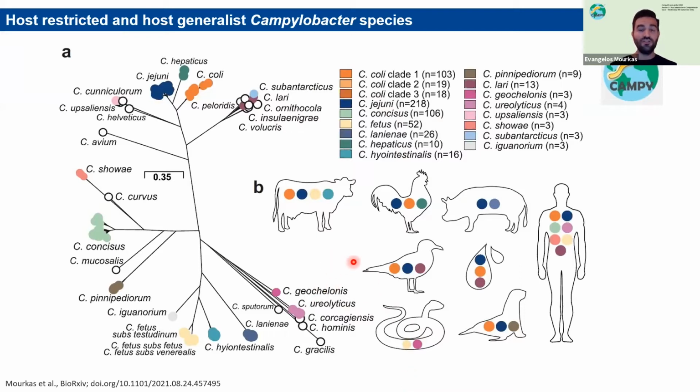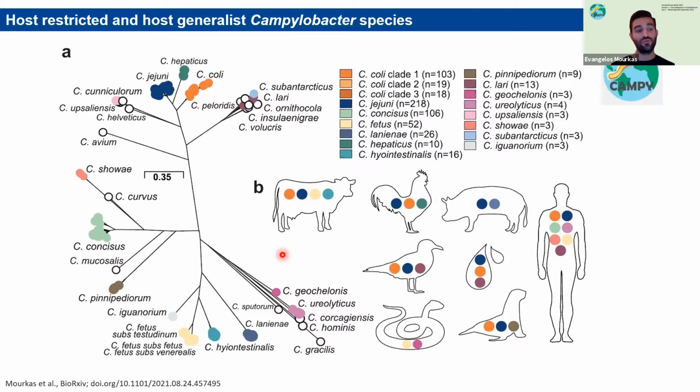So we investigated the role of ecological barriers to interspecies gene flow in over 600 genomes of around 30 different species. We saw that there are species and strains that inhabit one or multiple hosts, possibly occupying different subniches within the host.